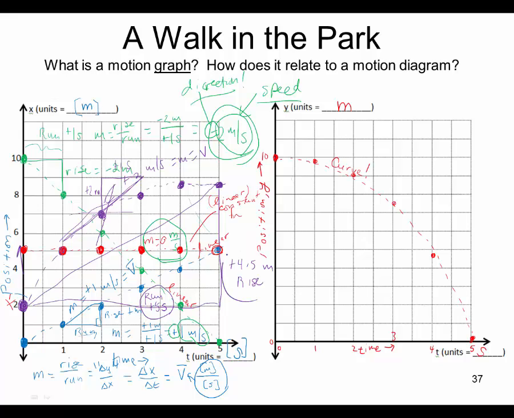So the slope of this entire line going from our initial point to our final point would give us a rise of plus 4.5 meters over a run of plus 5 seconds. So we get 4.5 over 5, which is 0.9 meters per second positive, if you did that on your calculator. So that's our average velocity over that entire 5-second interval, from 0 to 5 seconds.